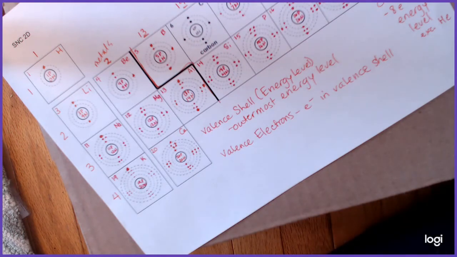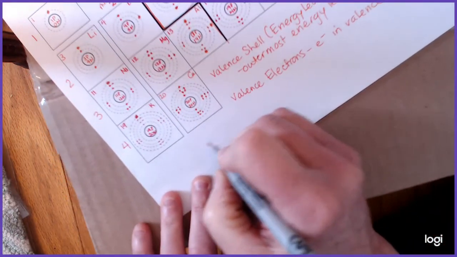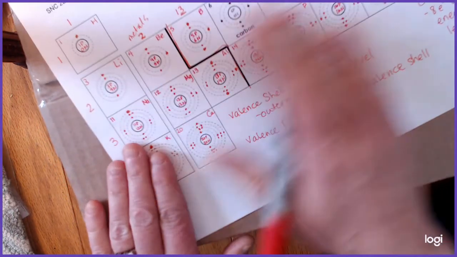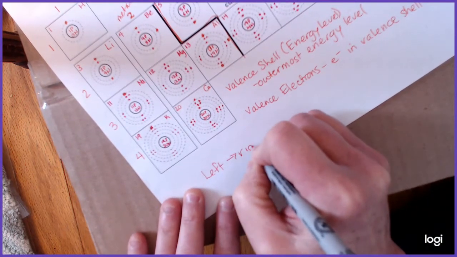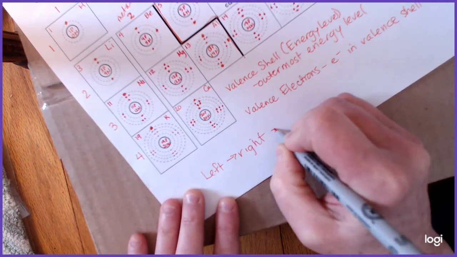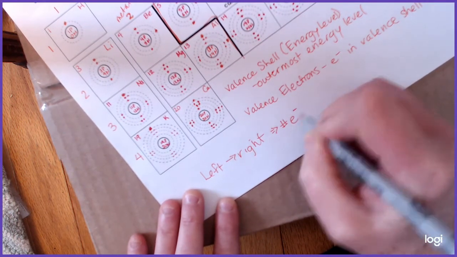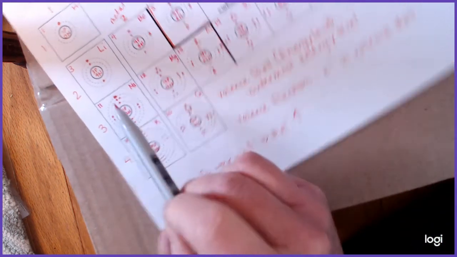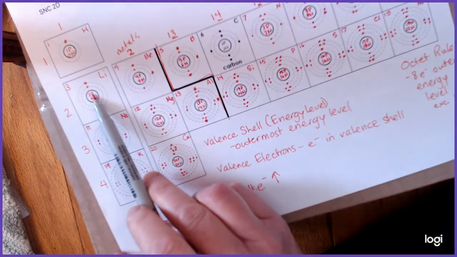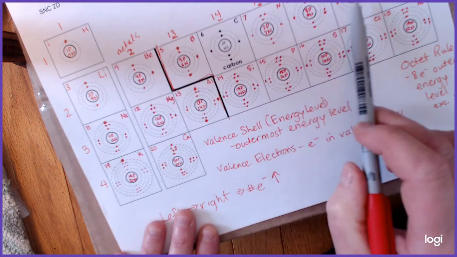Hugely important. One little trend I want to write down here too, even though we talked about it. As we go across the periodic table from left to right, we notice that the number of electrons increases. So as we go from left to right, we've got 3 electrons here, 4 here, 5 here, 6 here, 7 here, 8 here, 9 here, 10 here.